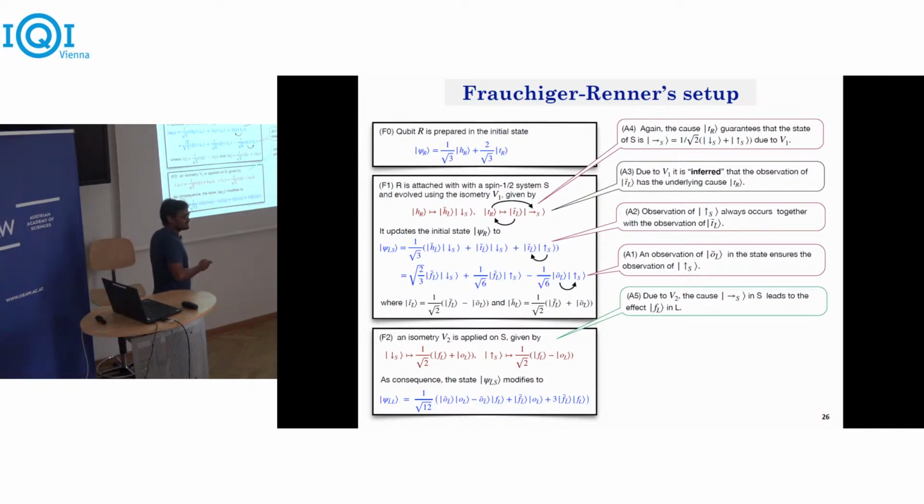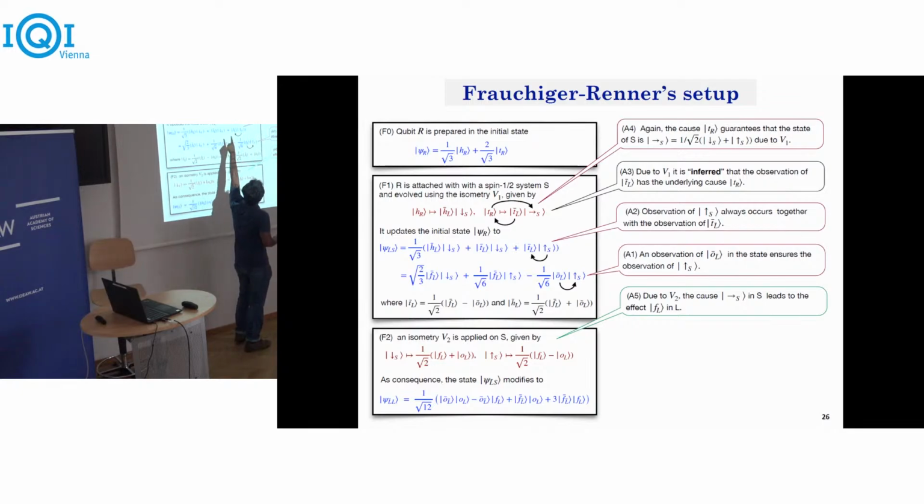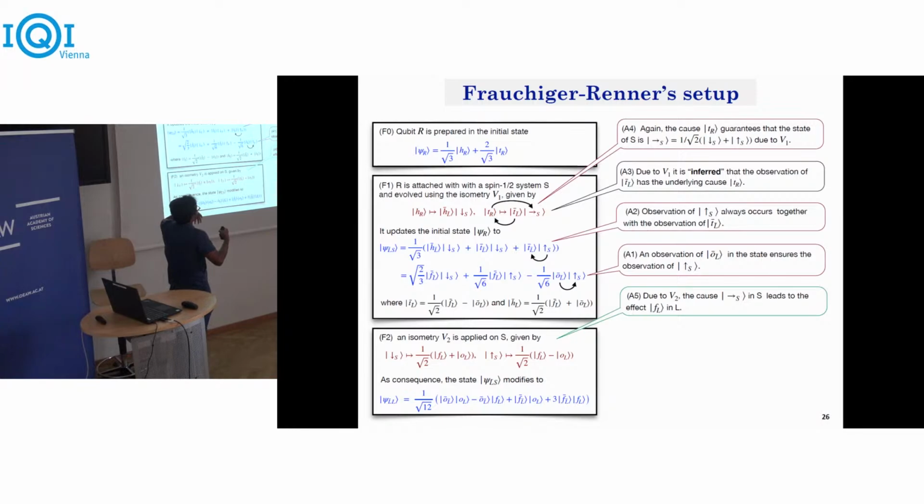Yeah? Well, what I wanted to say is that if you start from this, then through these statements, it tells you that you can never observe this particular state. Well, you can observe this particular state, obviously.